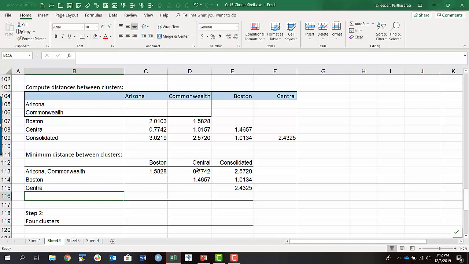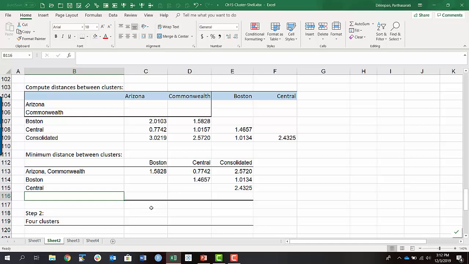Now again, we have to look for the minimum. The closest one is what we are trying to look for.